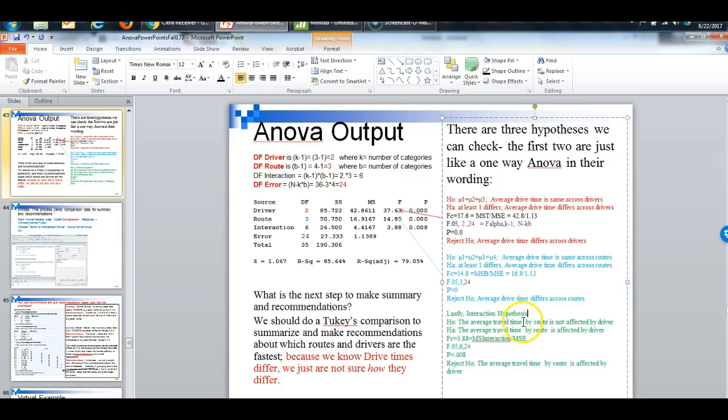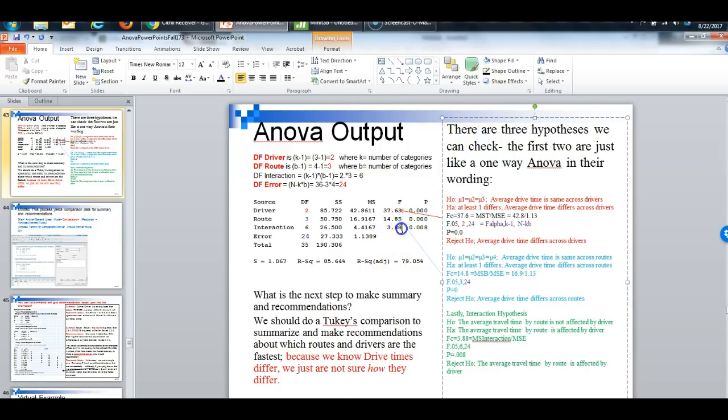It says the average travel time by route is not affected by driver. You could also say average travel time by driver is not affected by route. I could switch those. It doesn't matter, one or the other. My alternative is average travel time by route is affected by driver.